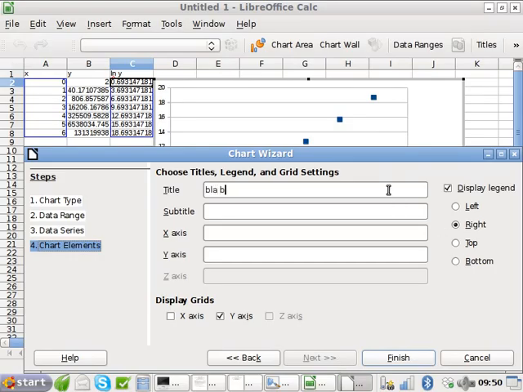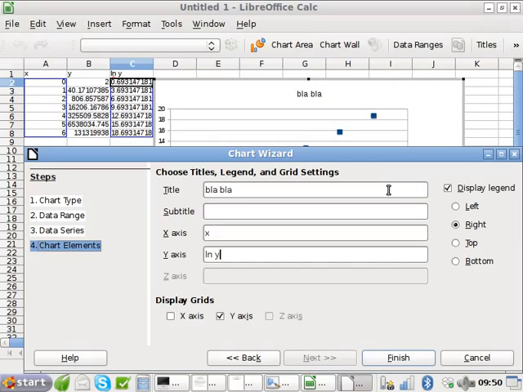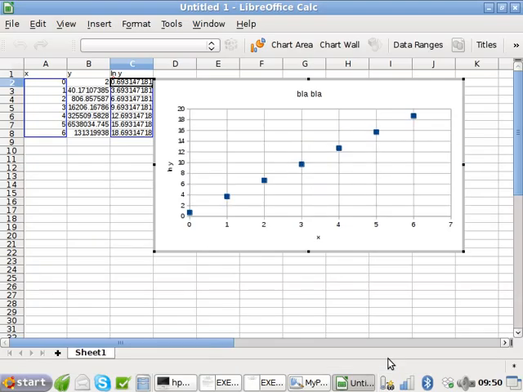X and log of the y values. See, now you get a straight line instead of a curve.